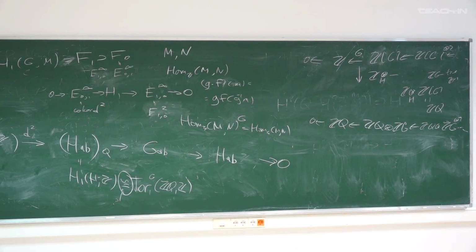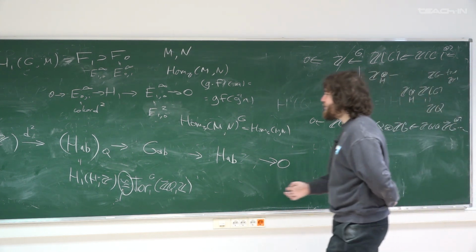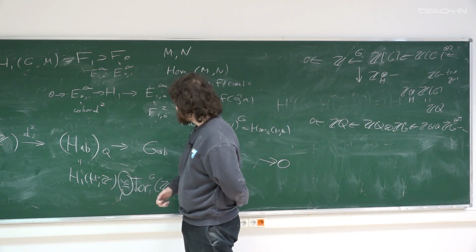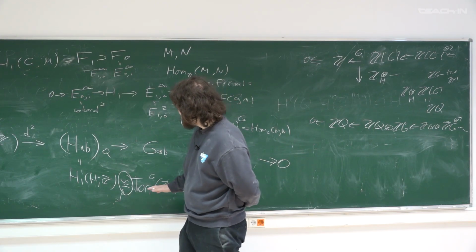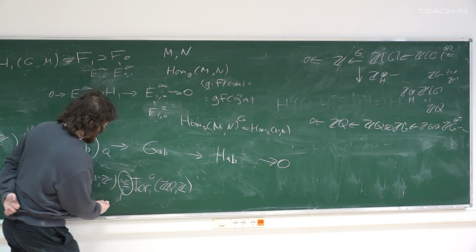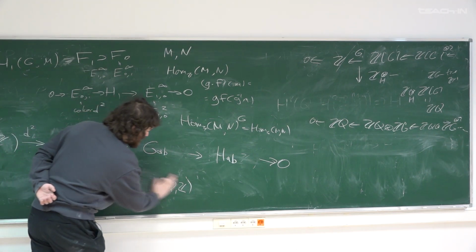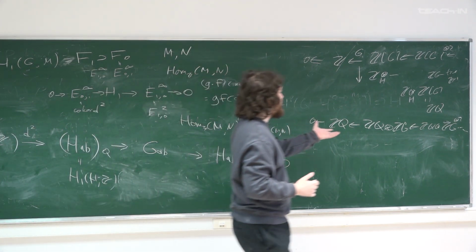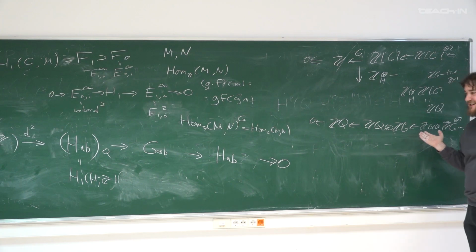From the general spectral sequence, for example, we know that these homologies are isomorphic to this thing. But in fact, maybe I don't need this identification. From this, I already have a left Q module structure.